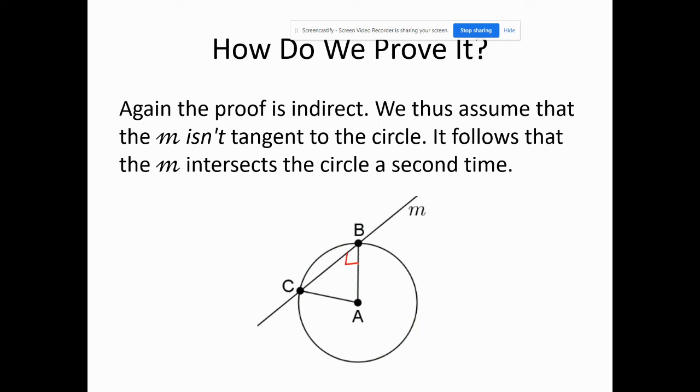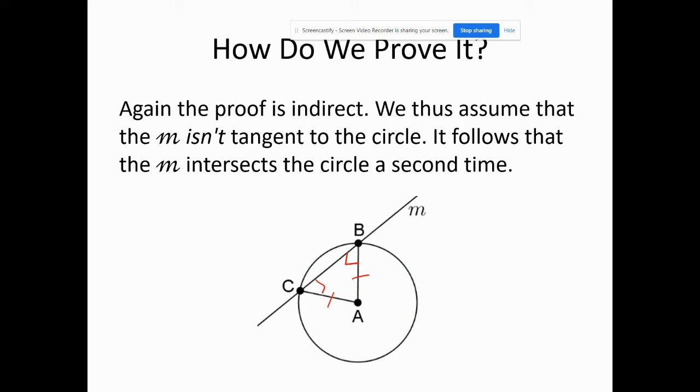And remember what we did in the construction. We constructed M so that it would be perpendicular to AB. And then look at this. C is the second point of intersection on the circle. So AC is also another radius. So like Cole said, we now have an isosceles triangle CAB. One of its base angles is a right angle, which then implies that the other base angle must be a right angle as well.